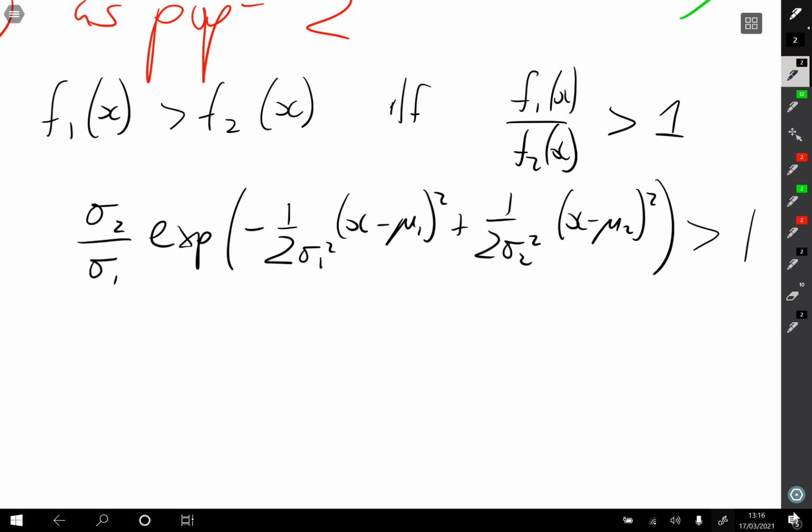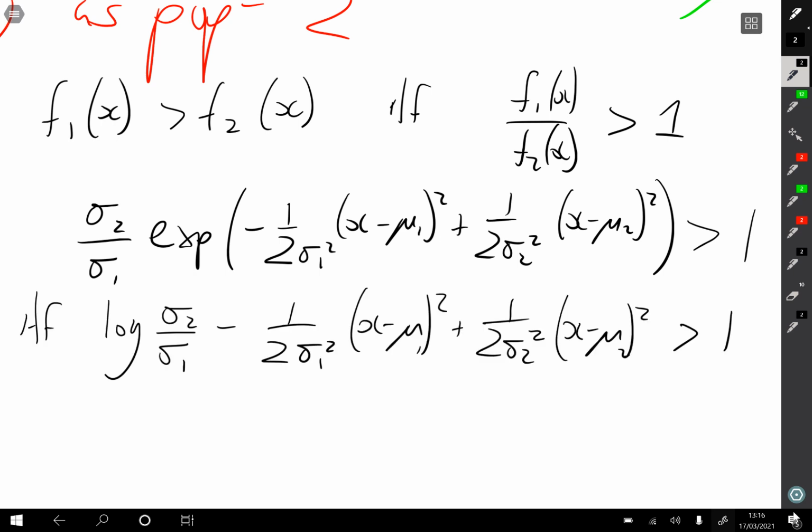Well, let's take the log of both sides. We get, if and only if, the log of sigma 2 over sigma 1 minus the term in the exponent is bigger than log of 1, which should be 0 here.